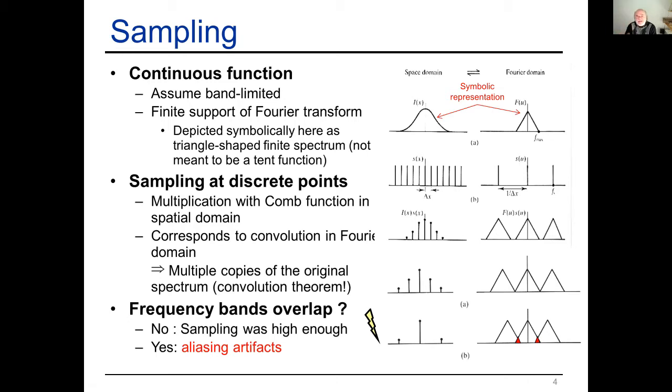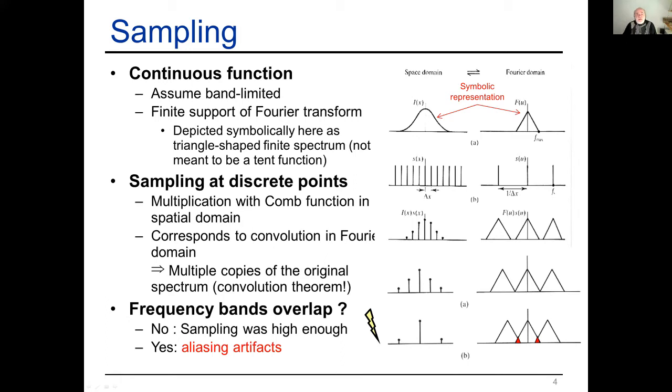So as you sample your image, you are creating copies of the frequency spectrum at different frequencies. You get a copy of the frequency spectrum of this function f centered at the original location. That is what we're interested in. But you get many copies at higher frequencies as well. Okay, so that's fine.